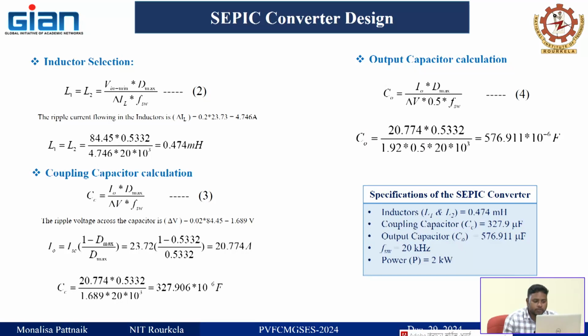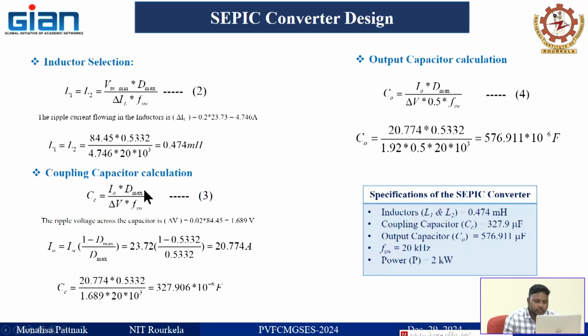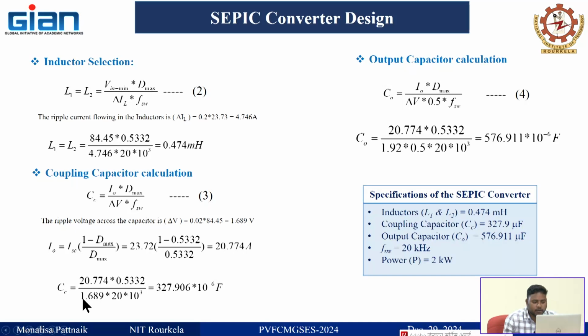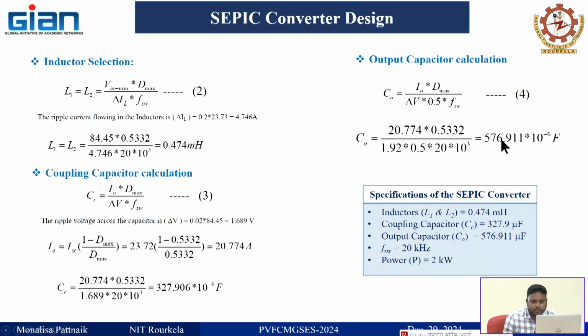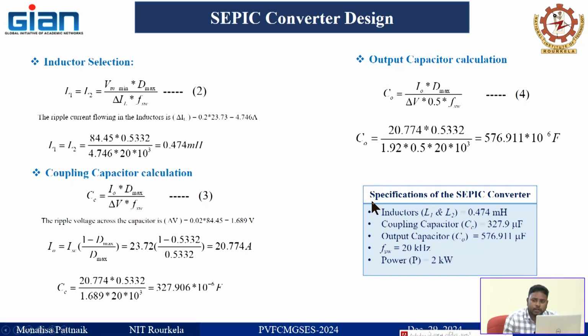Using this formula, we get our coupling capacitor value as 327 microfarads. The output capacitor is the same, but here we divide by 2, so our output capacitor value is 576 microfarads. These are the parameters designed for our rated 2 kilowatt, 96 volt DC bus.